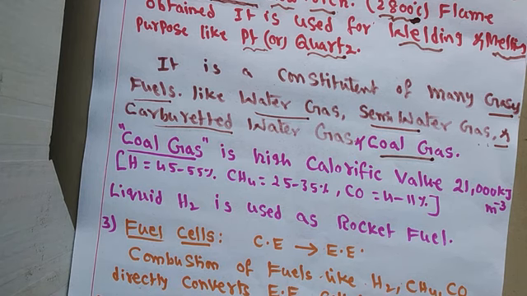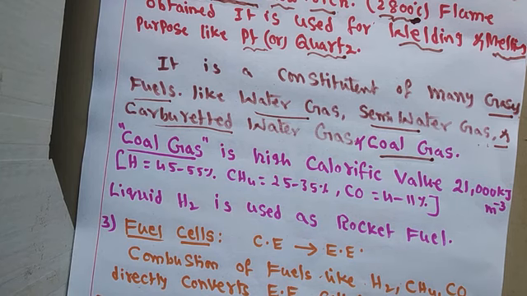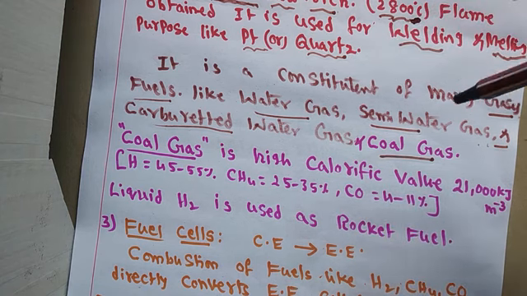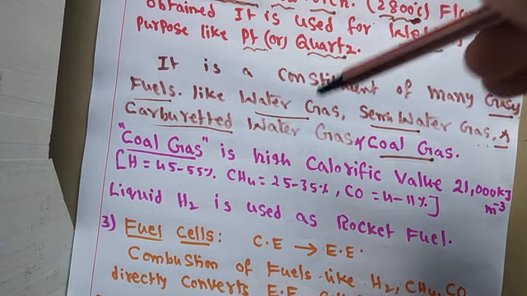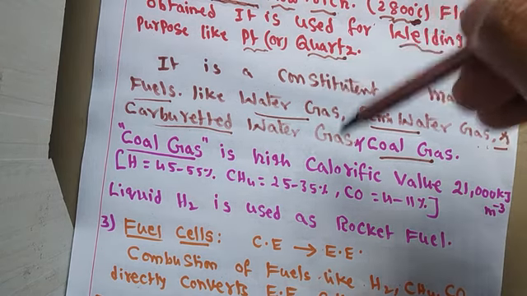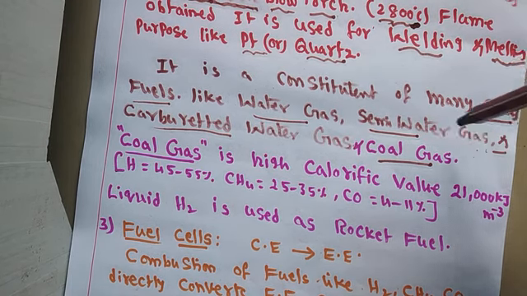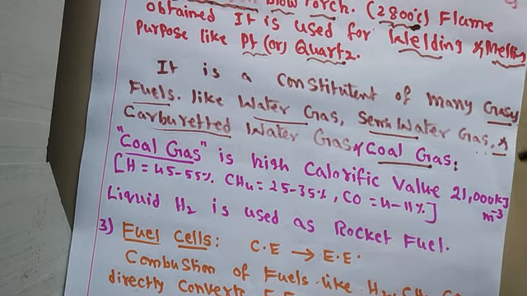In fuel gases, one of the components is hydrogen. Water gas components are CO plus H2. Semi-water gas means CO, H2 and N2. Carbureted water gas means CO, H2 as well as hydrocarbons. Like that, coal gas also has hydrogen gas as one of its components, children.